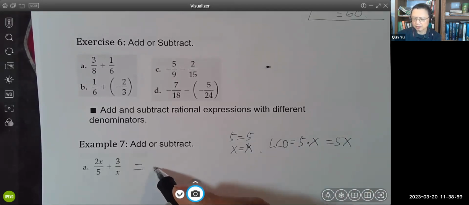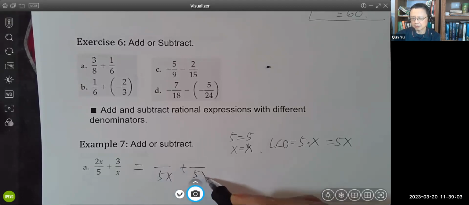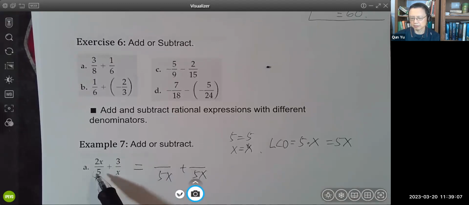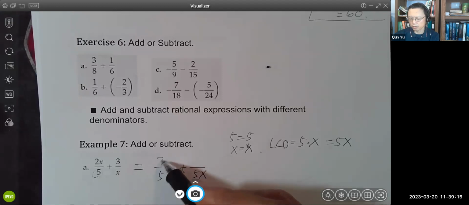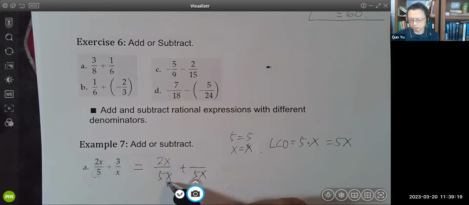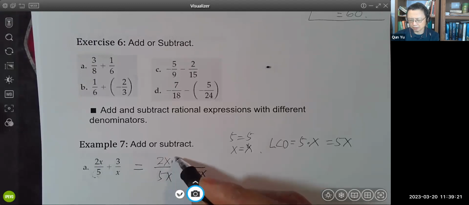So now we need 5x on the bottom for each. Now, how do you know which one to multiply with? Look at what's missing from the given one. This is 5, it should have 5x. Apparently, you need to multiply by x on both sides. So originally, we already have 2x on top. We need to multiply x on both sides.